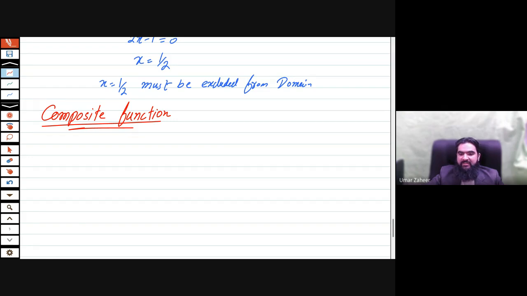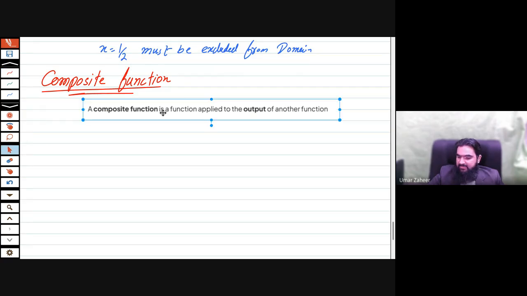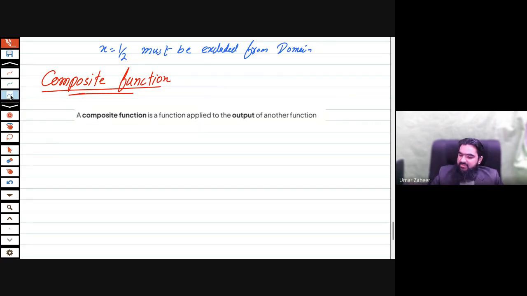You are going to combine them and make a new function. So a composite function is a function applied to the output of another function. It means you take something as an input, process it, and give the output. We will do an example, it is going to be more clear.